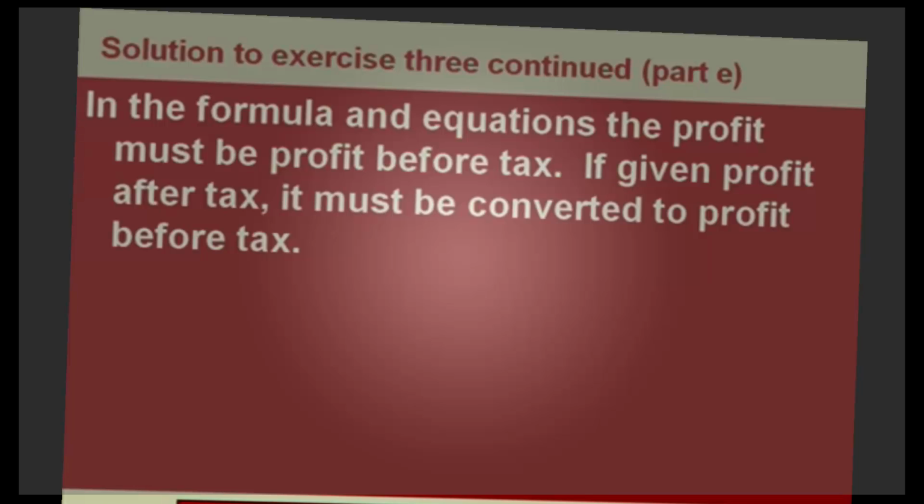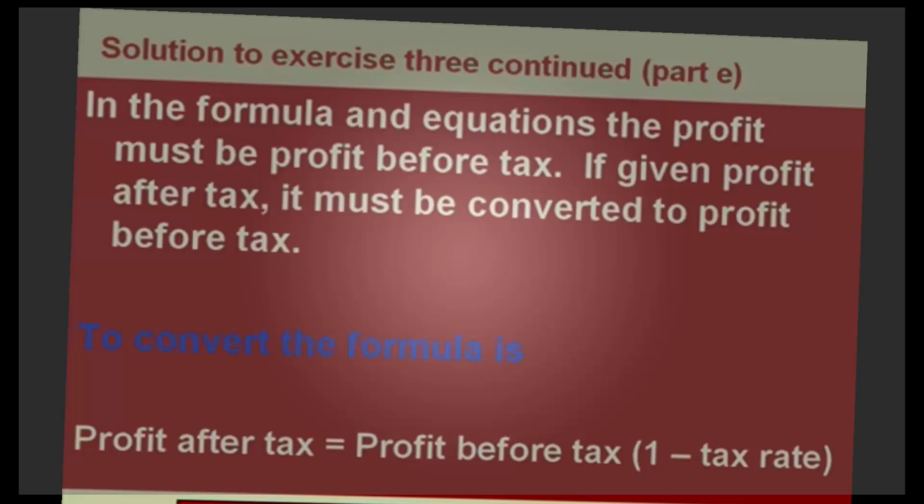So in a problem, if you're given profit after tax, you have to convert it to profit before tax. To convert, the formula is profit after tax equals profit before tax times 1 minus the tax rate.